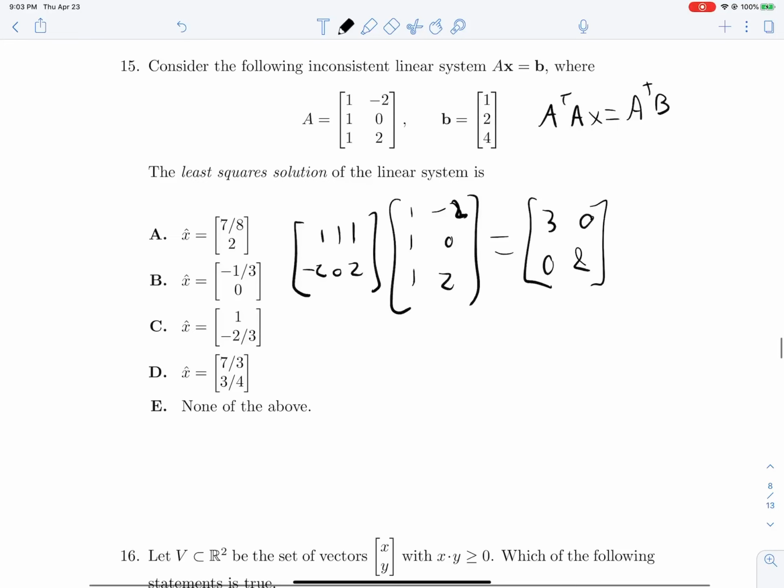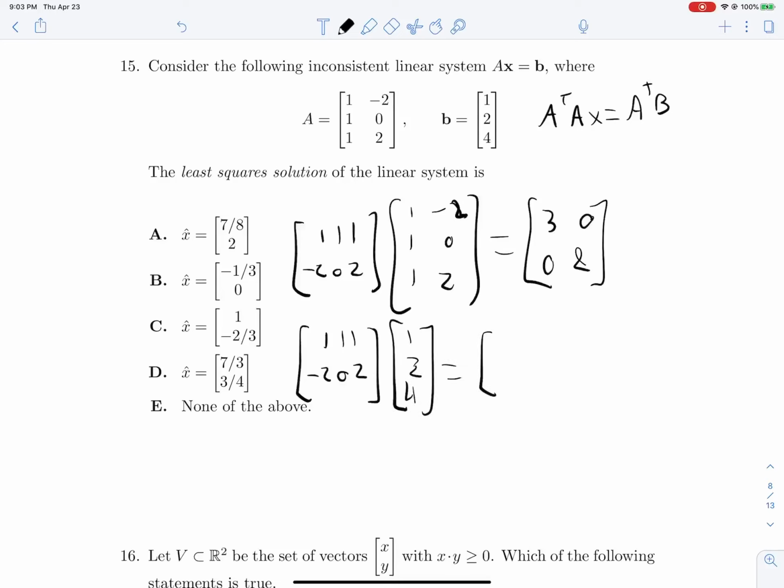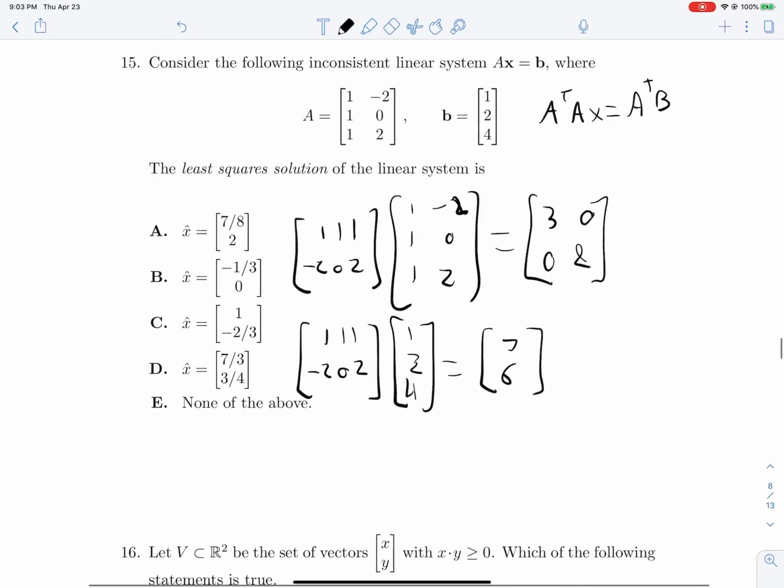Okay, A transpose b, on the other hand, is 1, 1, 1, negative 2, 0, 2, multiplied by b, 1, 2, 4. That gives us a 2 by 1 matrix with entries 7 and negative 2 plus 8, so 6.